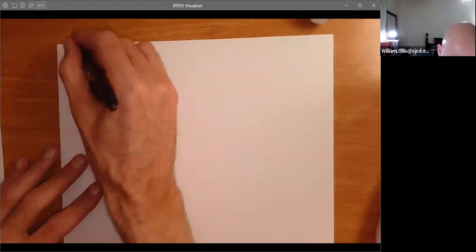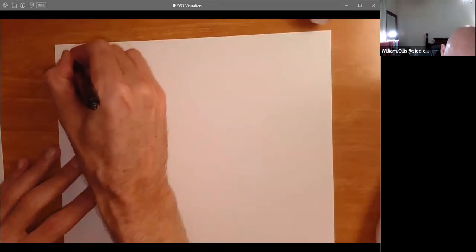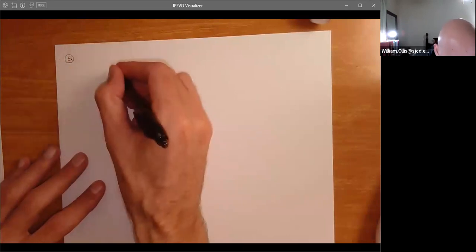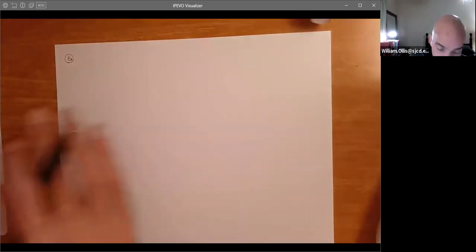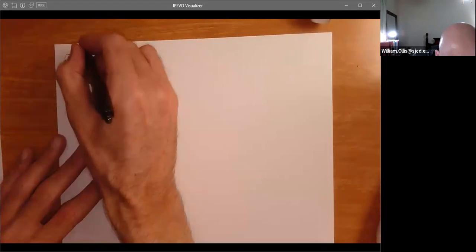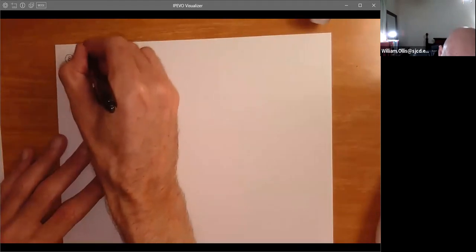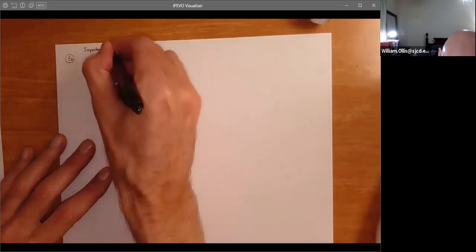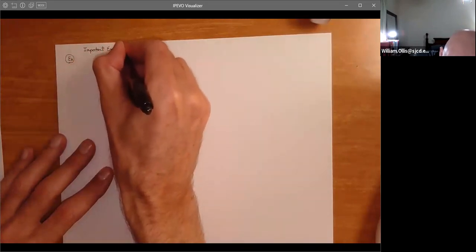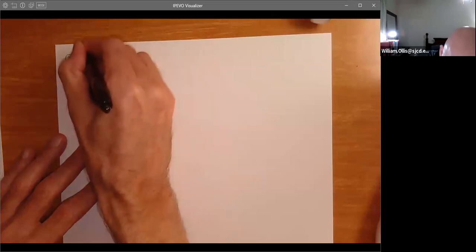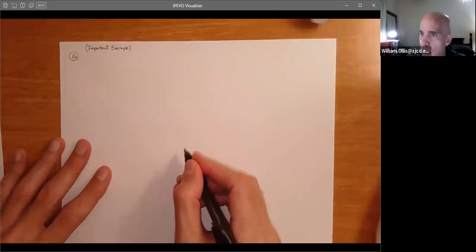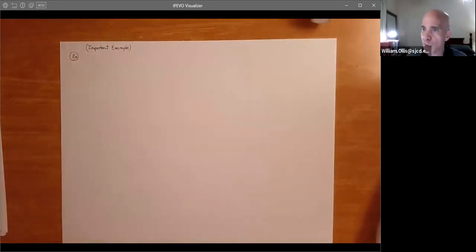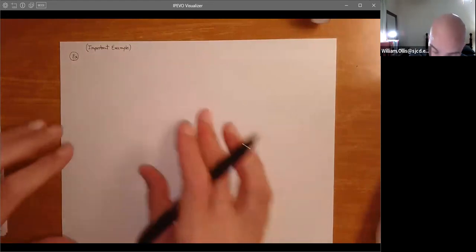So what I'll do here is just an important example involving the arc. Well, I'm going to do the arctangent, but I'm going to start out with the natural log. So this is an important example. These techniques you can use long after you get out of this class, especially in your physics, engineering, differential equations, PDEs, all of that.